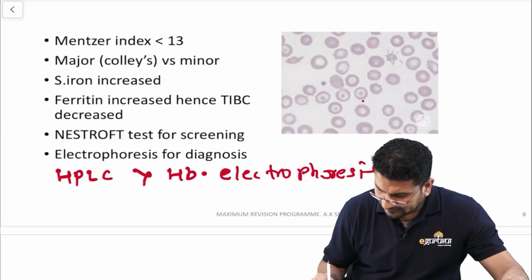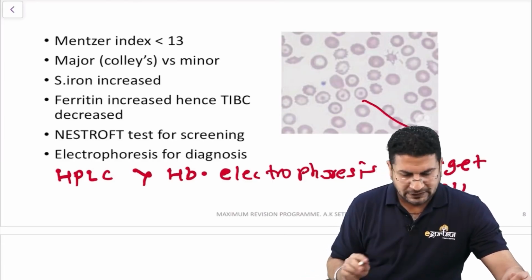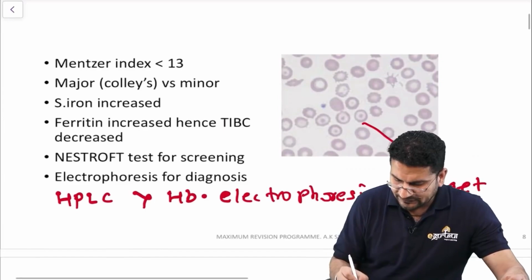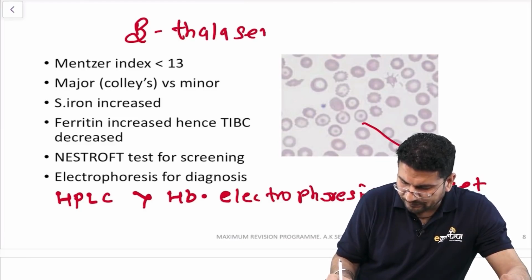In the histopathology you will see target cells. These are MCQs suggestive of beta thalassemia.